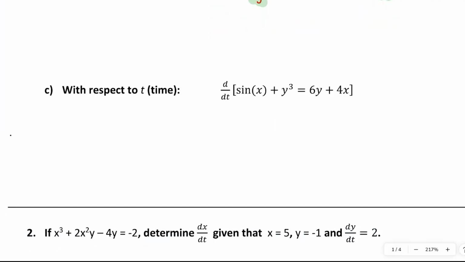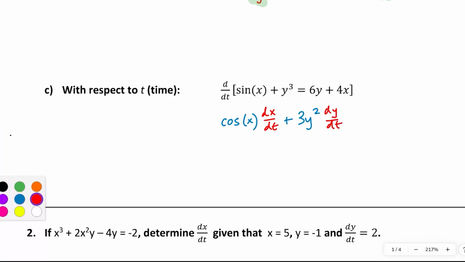So the derivative of sine x will still be cosine x, but since we're differentiating with respect to t, that chain rule is going to give us dx dt, which represents the change in the x value with respect to time. Y cubed is going to be 3y squared dy dt, the change in the y value with respect to time.